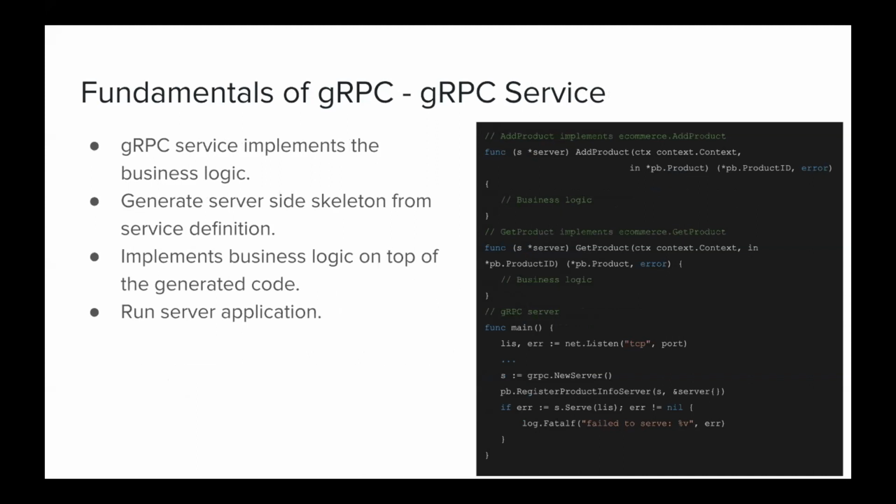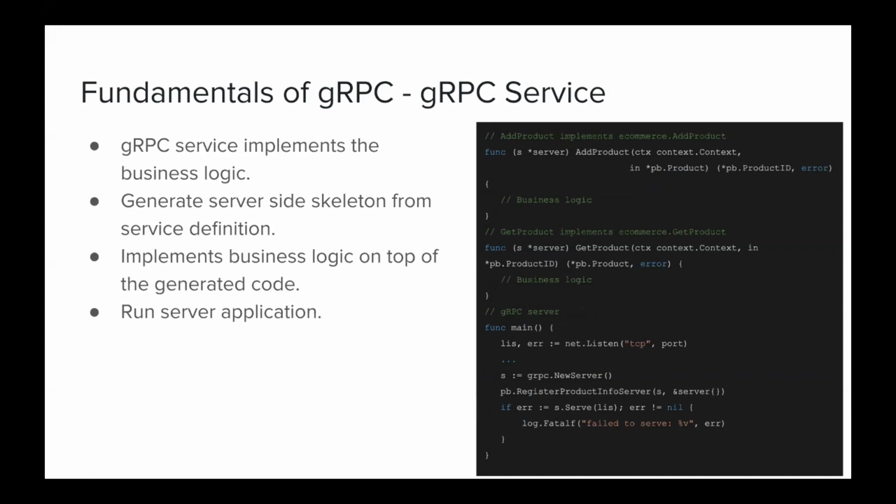So this can be done by using the service definition, selecting the language that you're going to build the service with, and simply generating the code for your server-side skeleton or the client-side stuff.